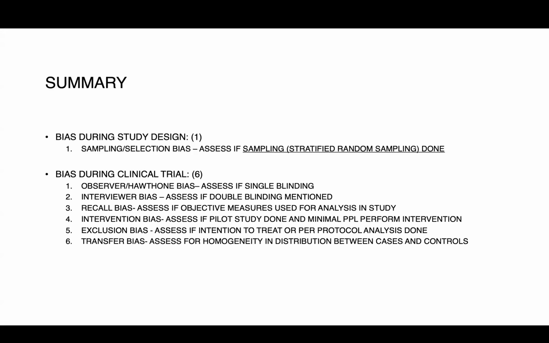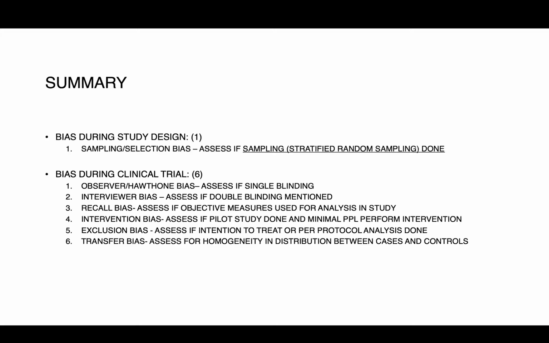Recall bias, assess if objective measures have been used in the study or the time duration between the data collection and the patient subjective details are very minimal. So that needs to be looked into. Then interventional bias, assess if pilot study is done and minimal people perform the intervention.